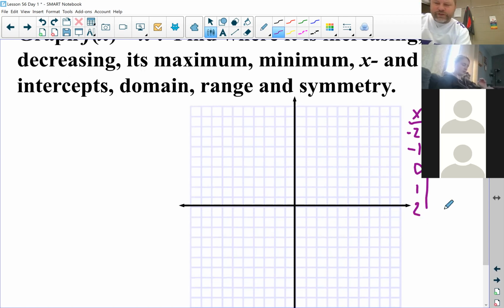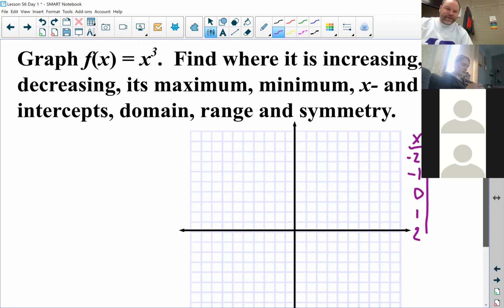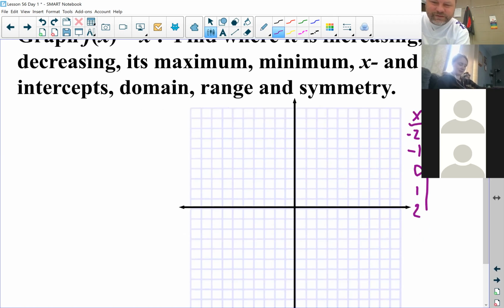And if we needed more, we could certainly use more. But that's where I would start. So I would take -2 cubed. -2 times -2 times -2. That would give me a -8.